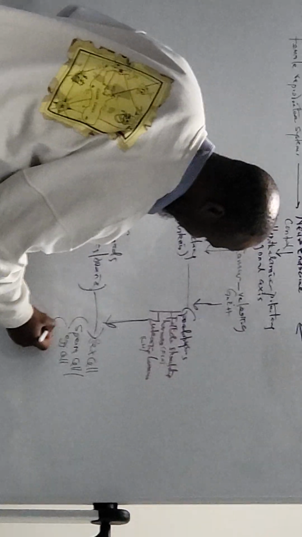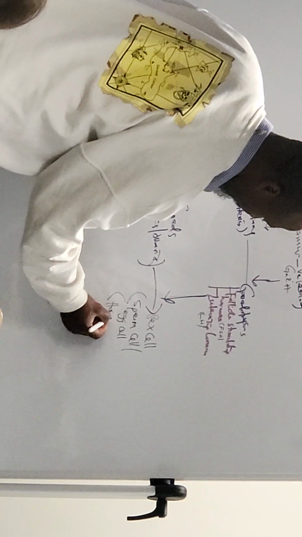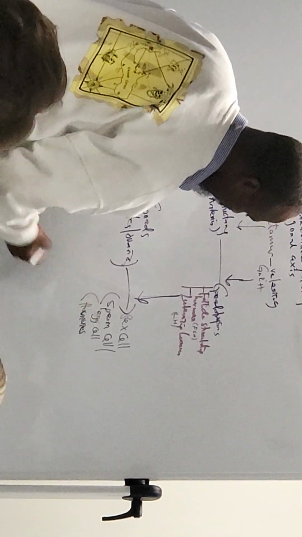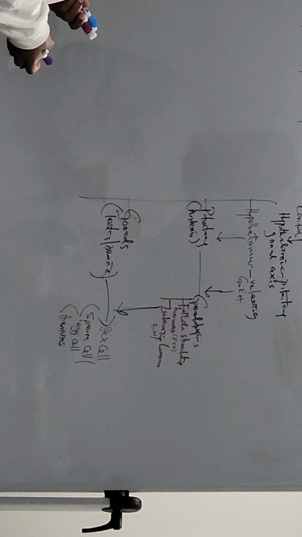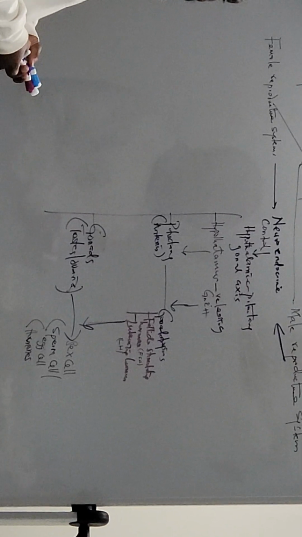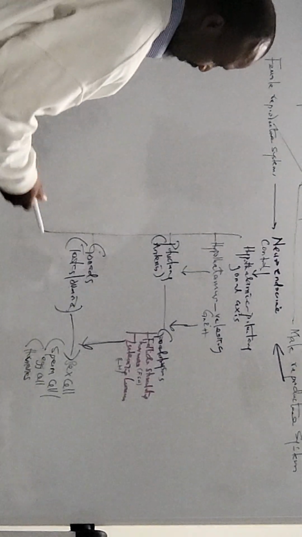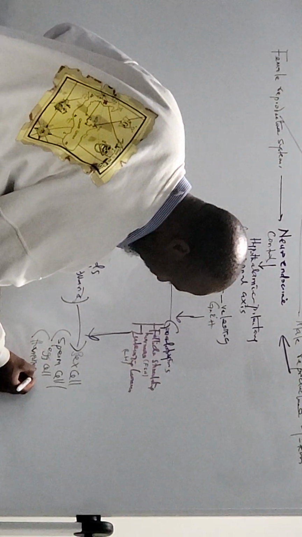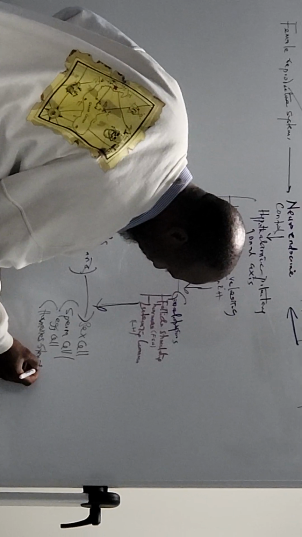They will also cause them to produce hormones. The gonads, like the testes, will be acted upon by either of these two hormones, the same way the ovaries will be acted upon. We'll go into details when we start the lecture proper. These hormones are called steroid hormones.